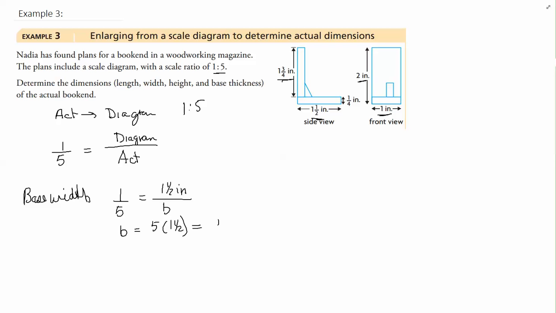So that's 1.5. So we have 5 times 1.5, and that will give us 7.5 centimeters. So the base, and I'm calling that the width, would be 7.5. Let's do the thickness, the base thickness.